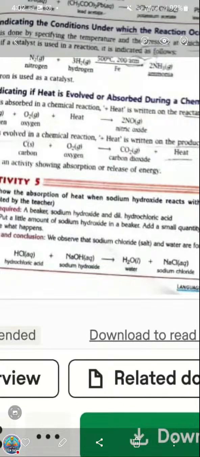And sometimes if a certain reaction is taking place and the whole container became cool, we call it endothermic. There heat is absorbed. Depending on heat release or heat taken in, there are 2 types of reactions. If heat is given out, it is exothermic reaction. If heat is taken in, it is endothermic reaction.